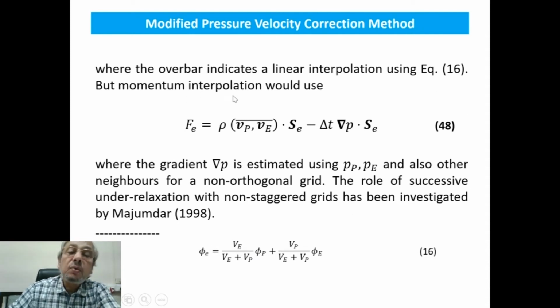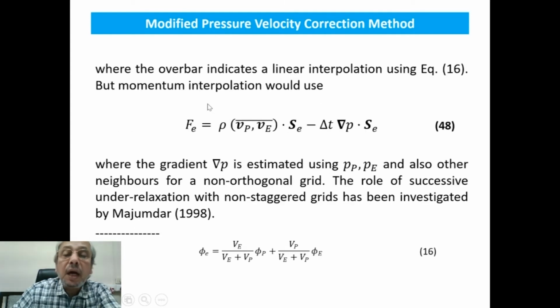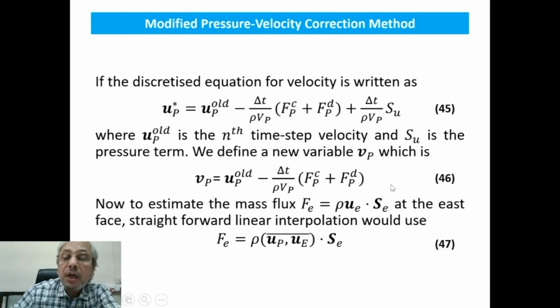So now, Fe has to be calculated, and we have done it earlier straightforwardly through linear interpolation. Now we will do momentum interpolation, which means we will do linear interpolation of these velocities which do not have the contribution of pressure, Vp and Ve.